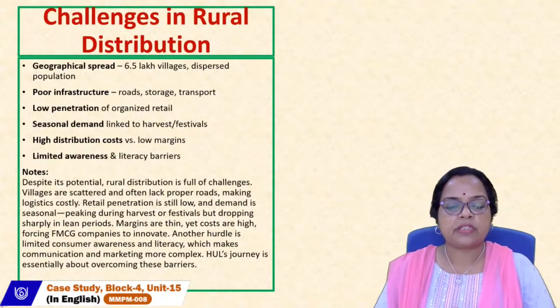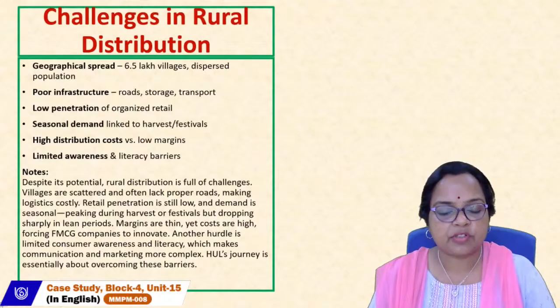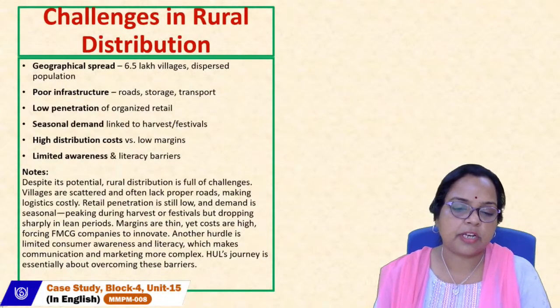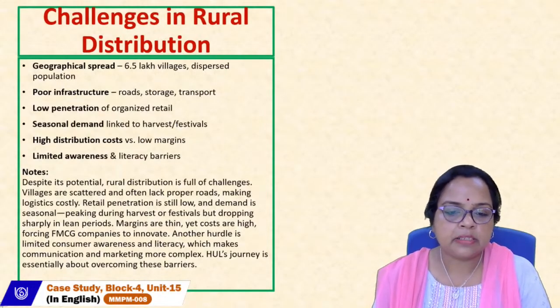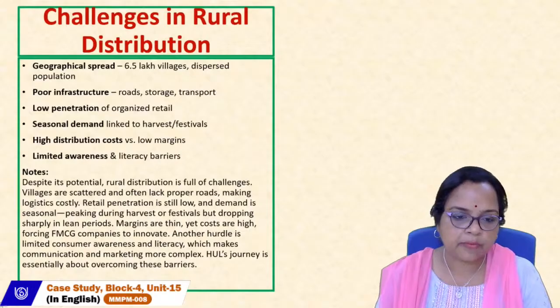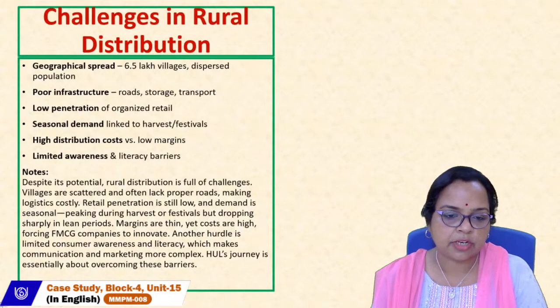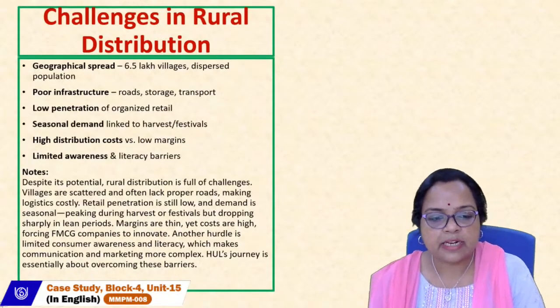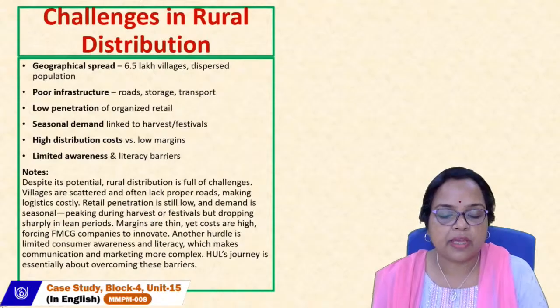Why are FMCG companies looking for innovative strategies for their distribution in the rural market? Because they are earning thin margins, but the cost of distribution is high. So they have to think of new or innovative ideas to reach the different villages of the rural market. Another challenge is limited consumer awareness.